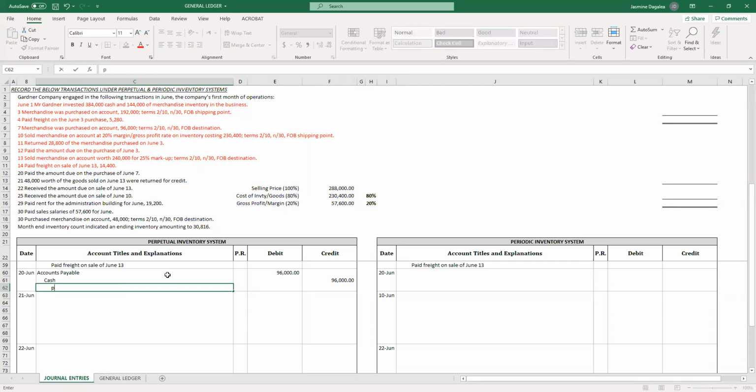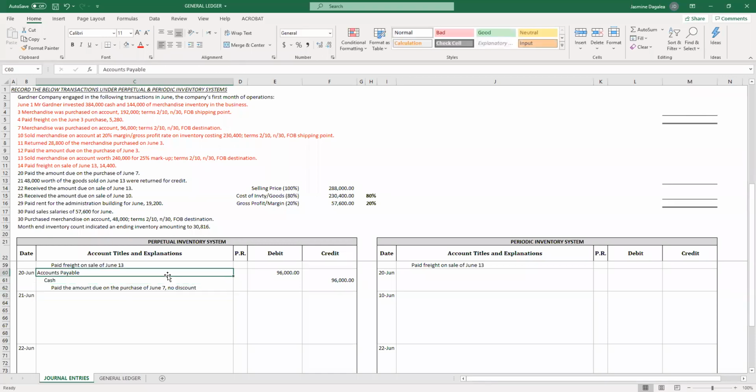So, paid the amount due on the purchase of June 7. Then, no discount. Then, under periodic inventory system, what is your entry? Same lang, ma'am. Same lang.